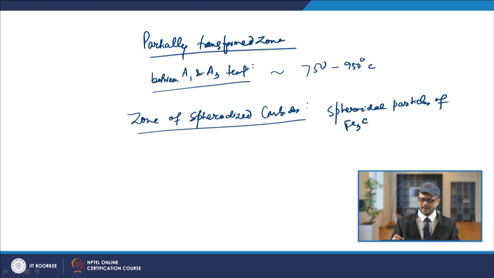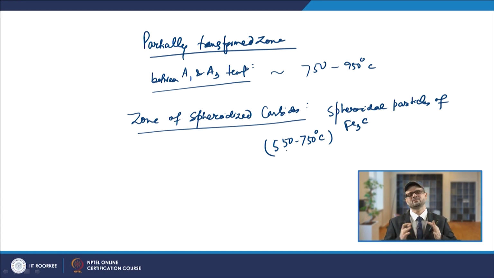It normally occurs in the temperature range of 550 to 750 degrees C, and is seen next to the partially transformed zone.